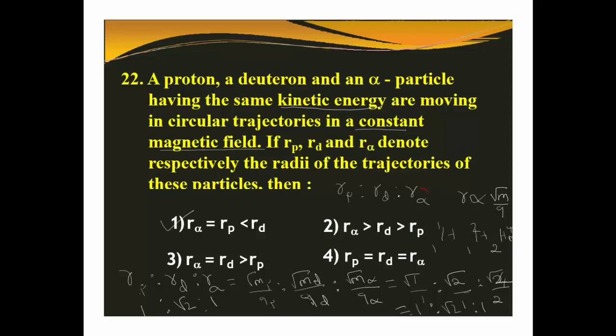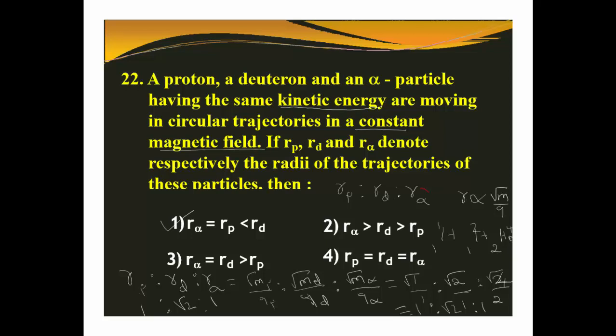Once again I repeat, the radius of a trajectory for particles having the same kinetic energy in a magnetic field is proportional to root m by q. Proton is 1H1, deuteron is 1H2, and alpha particle is 2He4. The mass ratio is 1, 2 and 4, charges are 1, 1 and 2, so root m by q gives 1, root 2, root 4 over charges 1, 1, 2.